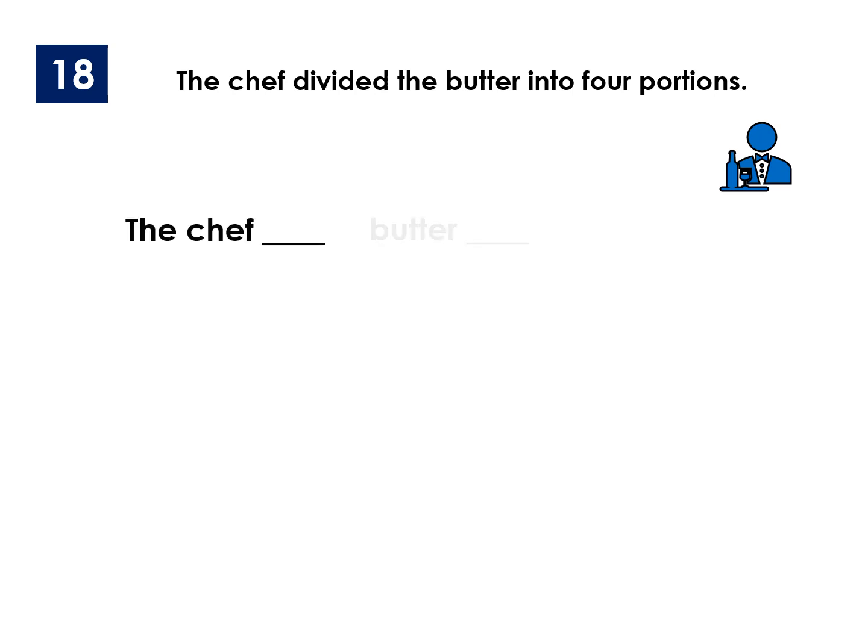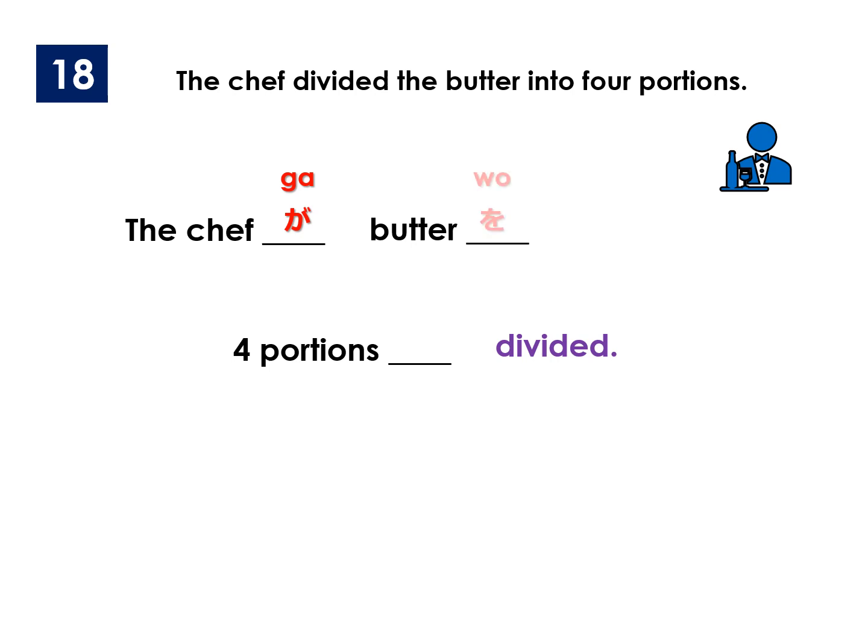Next sentence, the chef divided the butter into 4 portions. Elements, the chef, butter, 4 portions, and divided. The chef is the doer of the action, so it takes the particle ga. It can also be the topic and can take the particle wa. Butter is what the chef divides, so it takes the direct object particle wo.